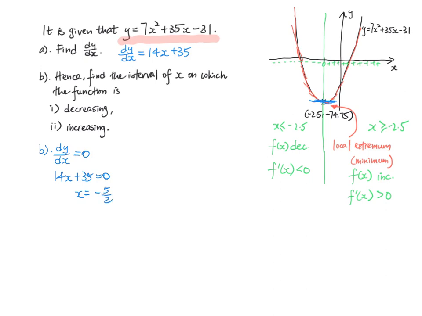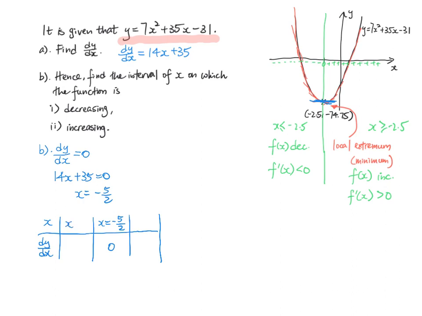And then what we do is we will draw, write out this table here. Okay, so in the middle, this is when x equals negative 5 over 2, and of course the slope would be equal to 0 here.